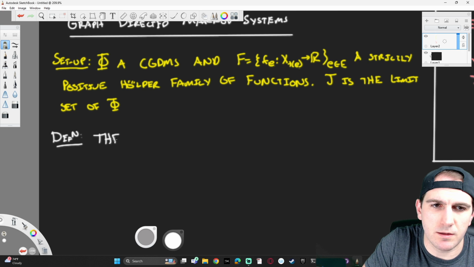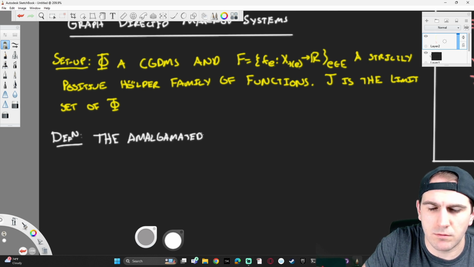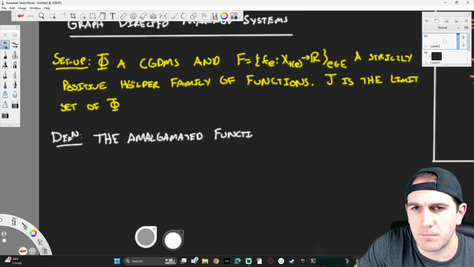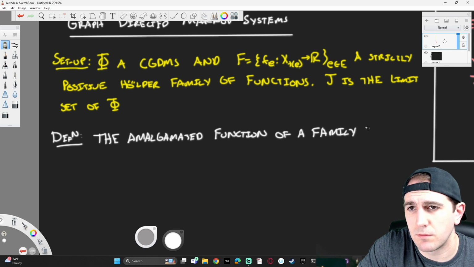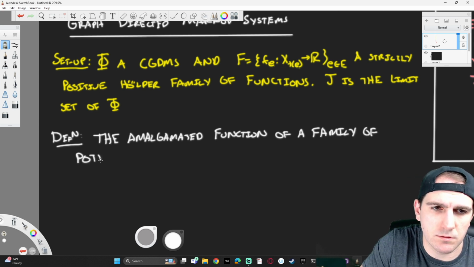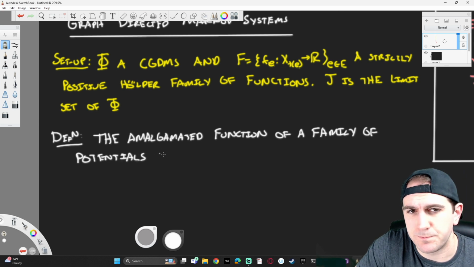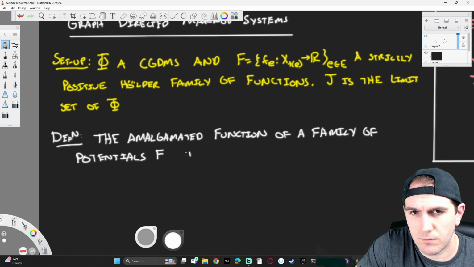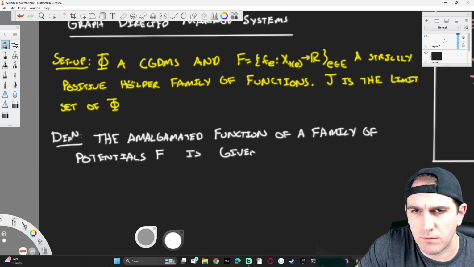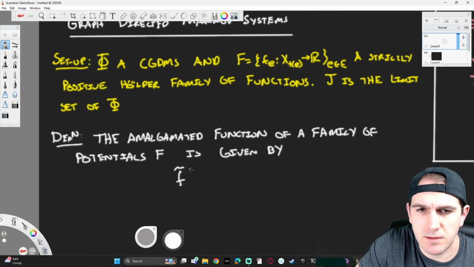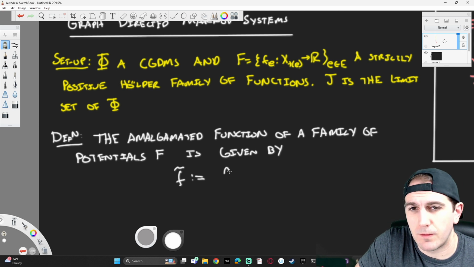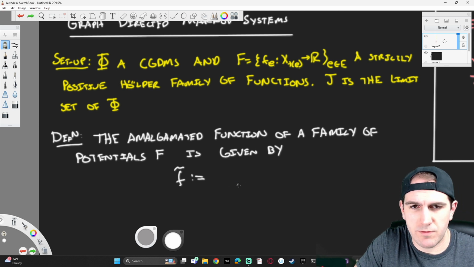The amalgamated function of a family of potentials or functions is given by, and this will be F tilde, by definition equal to, oh, I should say what we're evaluating at.